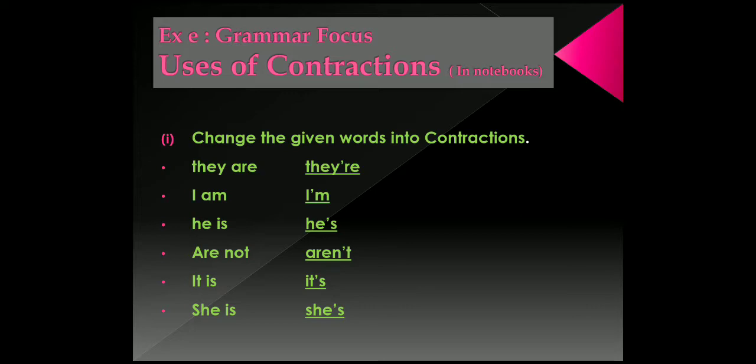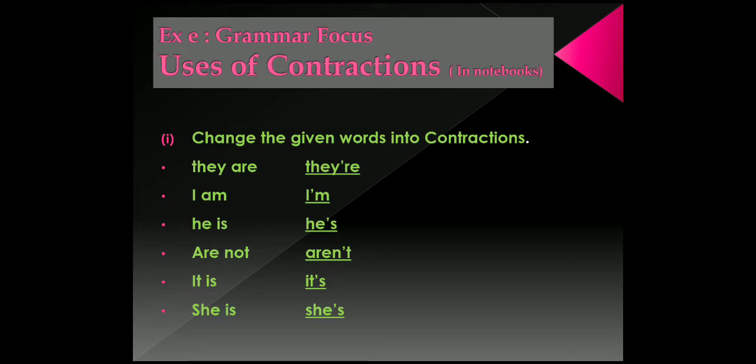They are. Look at they are. We are going to remove a and put an apostrophe in place of a. And we will remove the distance also. We make it one word. They're. I am. I'm. We remove a, put an apostrophe, and bring m closer to the letter I. Okay, he is.